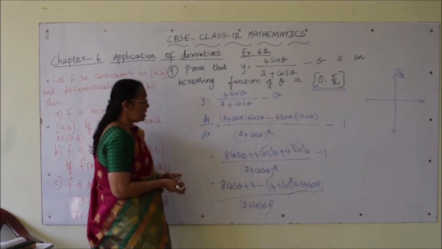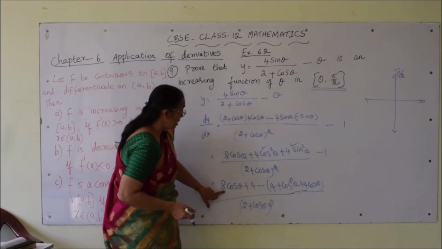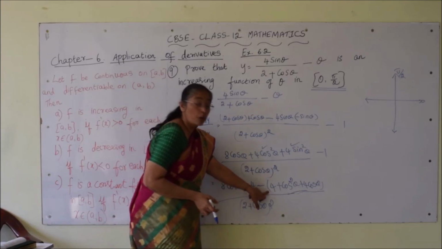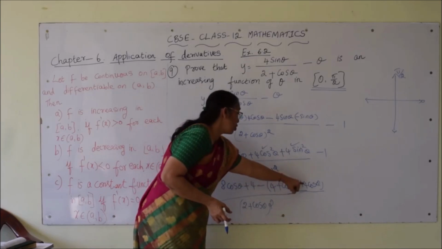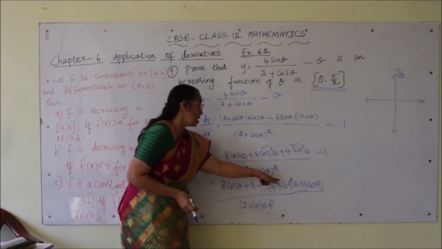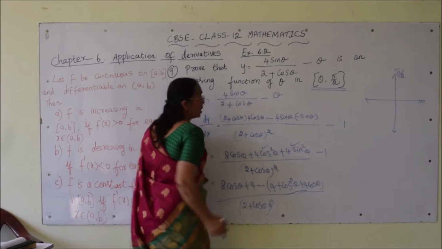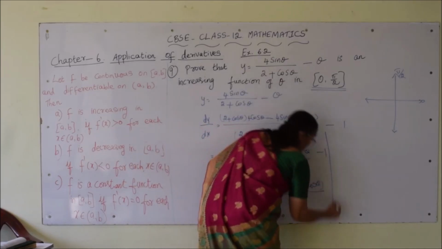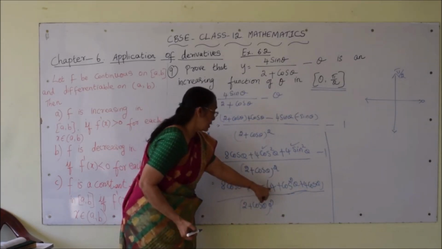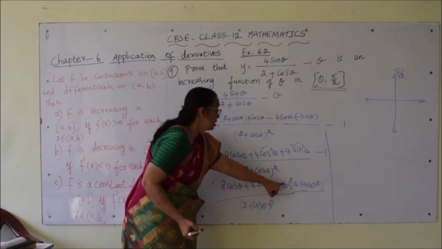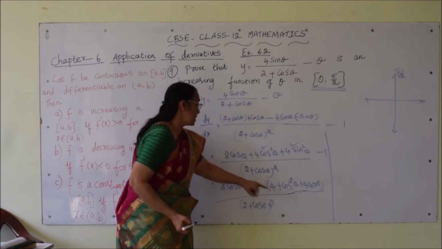So now when we simplify the numerator here, positive 4 and negative 4 will get cancelled. 8 cos theta minus 4 cos theta is 4 cos theta, and again we are having 1 cos square theta with a minus sign.